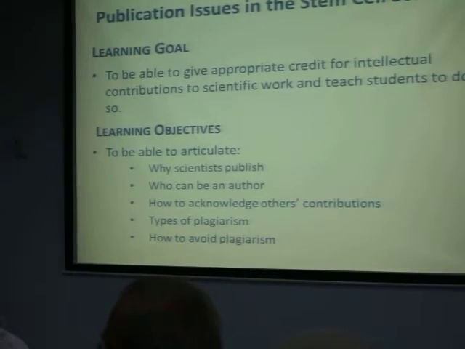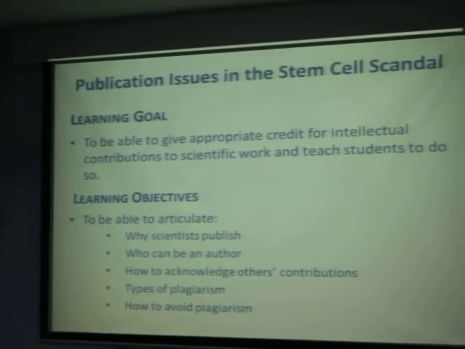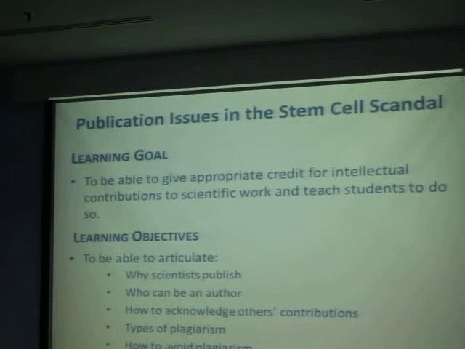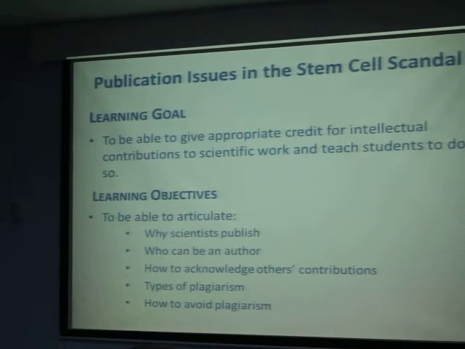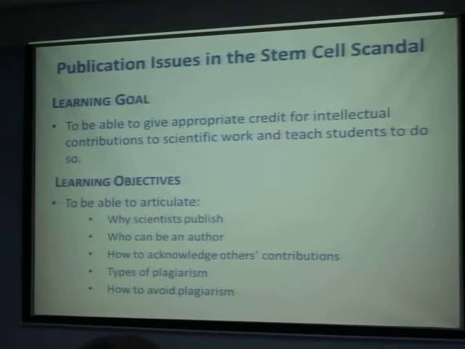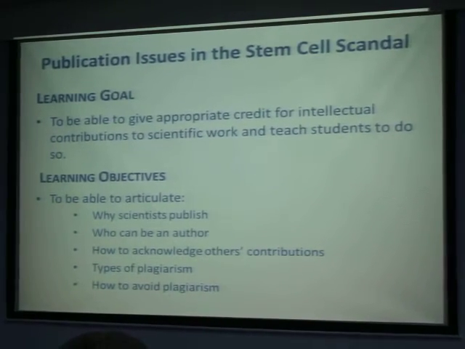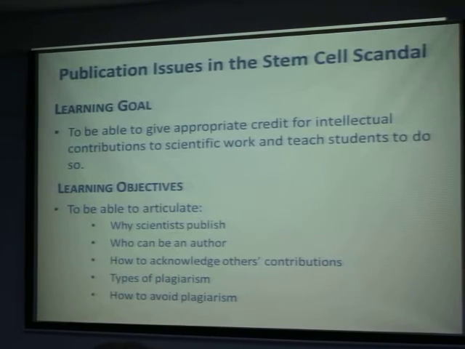So the learning goal here is to help you and ultimately your students be able to identify and give appropriate credit for intellectual contributions and to be able to teach students to do so. And the objectives are to be able to articulate first why scientists publish at all, and then who can be an author, how to acknowledge others' contributions that are not authorship, and to think about types of plagiarism and how to avoid them.